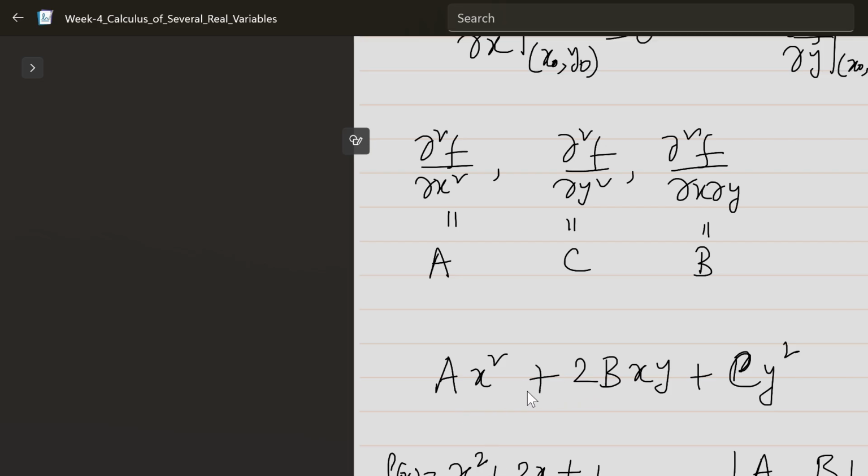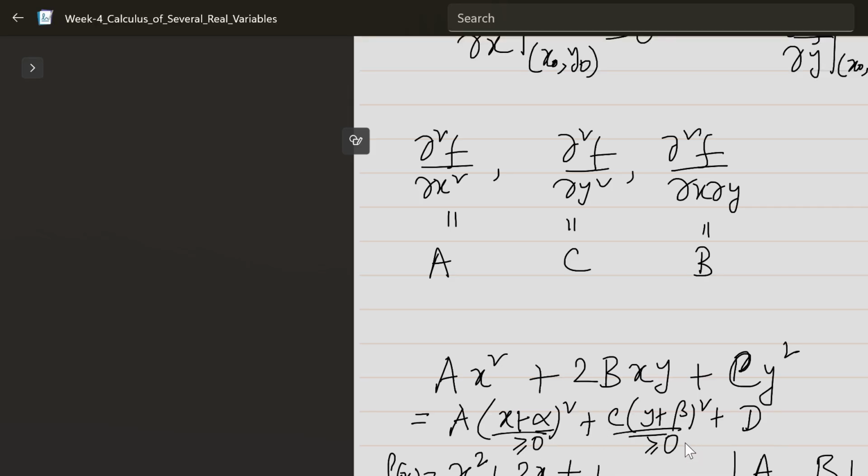If you have a x square plus 2b x y plus c y square for any A, B, C, you can write it as a into (x plus some alpha) whole square plus c into (y plus beta) whole square plus something. When it has something whole square, it is greater than or equal to 0 always. So when this expression has maxima or minima, this depends on this D.